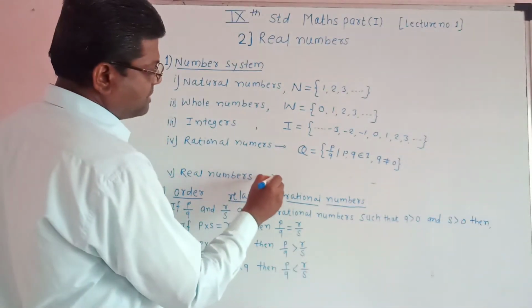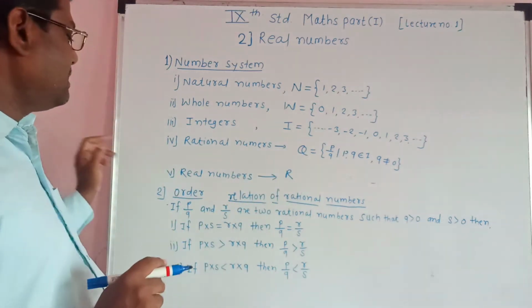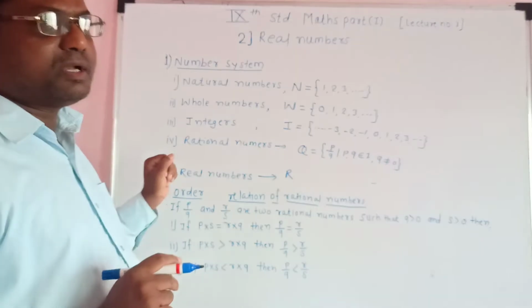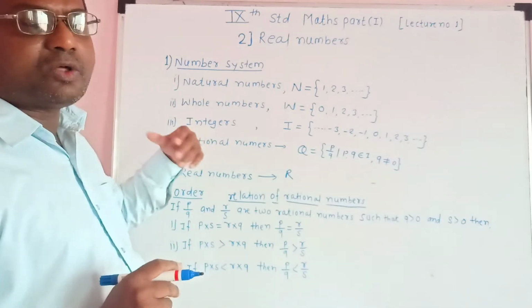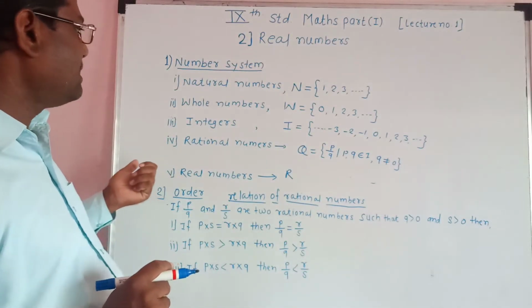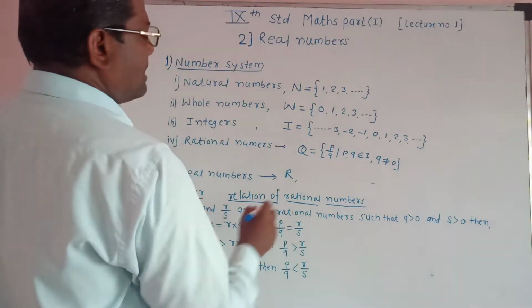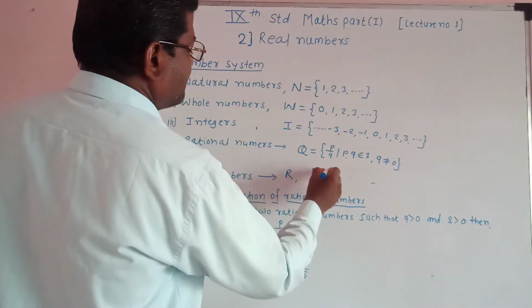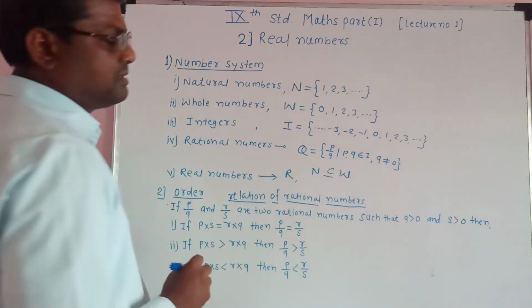Such numbers are called rational numbers. Now we have one more set, that is the real number set. The real number set is denoted by capital R. The numbers which can be represented on the number line, that set of numbers is called the real number set. From this, we can see that the natural number set is a subset of the whole number set.